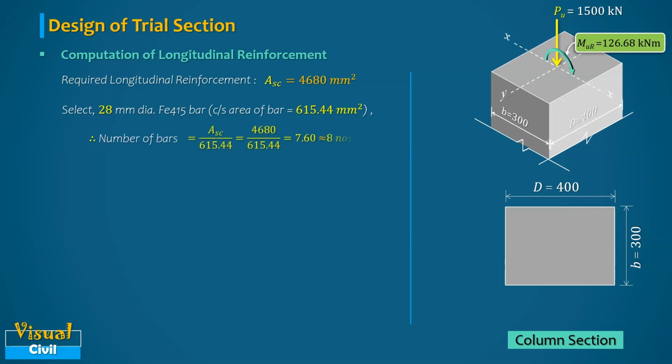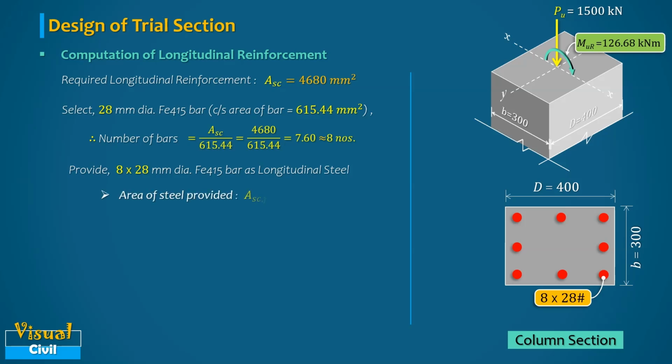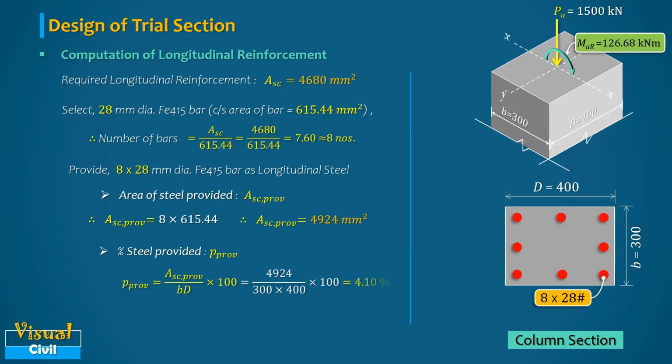Hence, provide 8 numbers of 28 mm diameter bars as longitudinal reinforcement. Thus, the total area of steel provided at all faces is 4924 mm square. The percentage steel provided is 4.10%. The ratio of percent steel provided to fck is equal to 0.136.